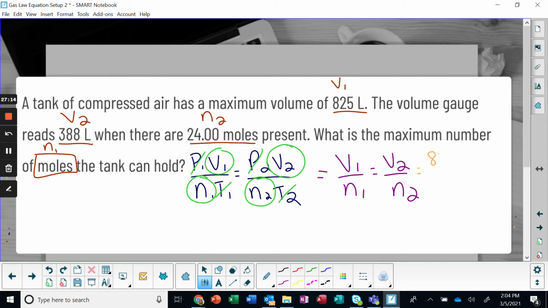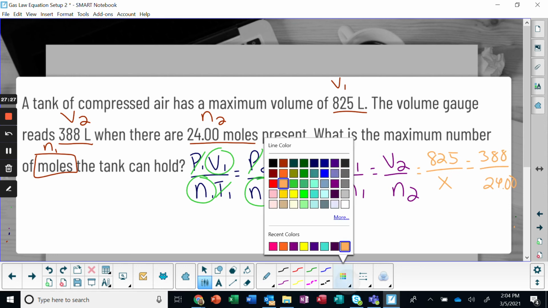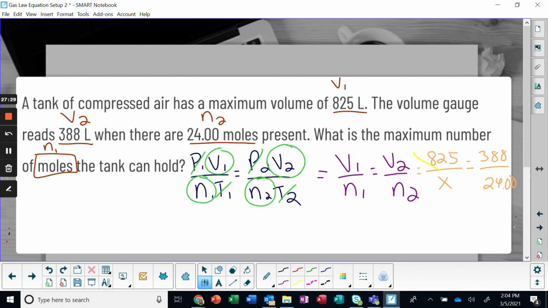V1 is 825 liters. N1 is X equals 388 divided by 24.00. Cross multiply and divide.